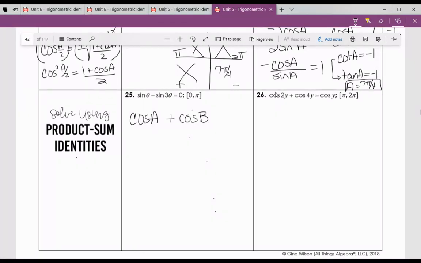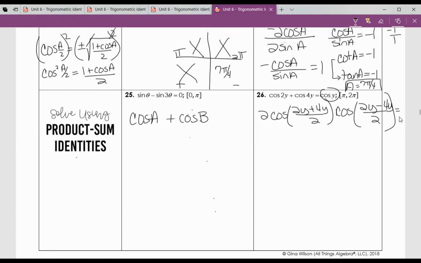So that would be 2 cosine of 2y plus 4y all over 2, multiplied by cosine of 2y minus 4y all over 2. And that's still equal to the cosine. I ran out of room, so please make sure you remember it's equal.